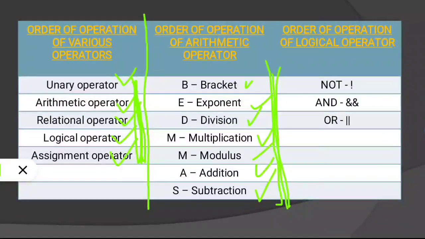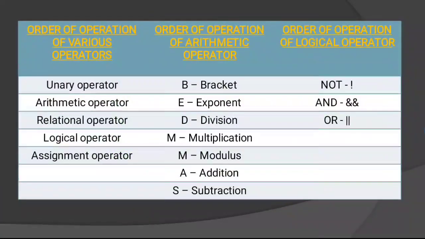Then next is order of operation of logical operators. If more than one logical operator is there, then first we will solve NOT, then AND, then OR. This is the method to solve any expression. Just remember all this, then you solve your equation. Understood? Then next we will proceed.